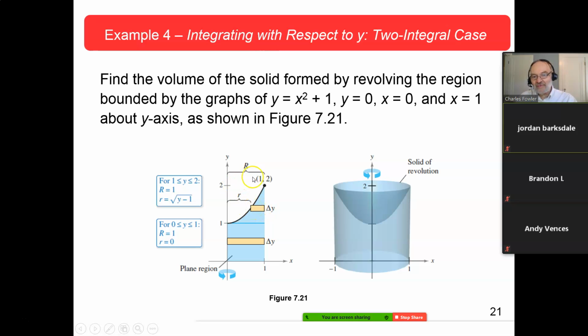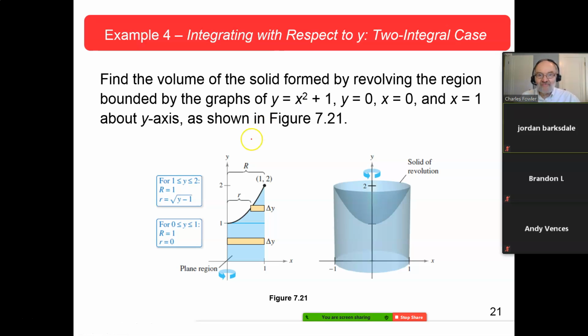Your outer is just going to be the number 1. Your inner is going to be the function here. But they gave you this function as y as a function of x because you're going to need to be doing dy's here. You need to get this x as a function of y.